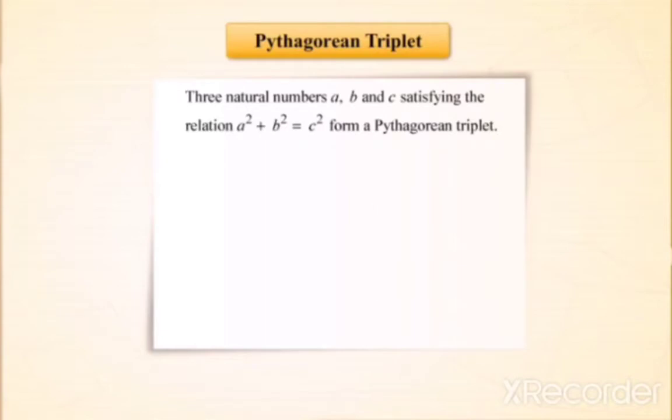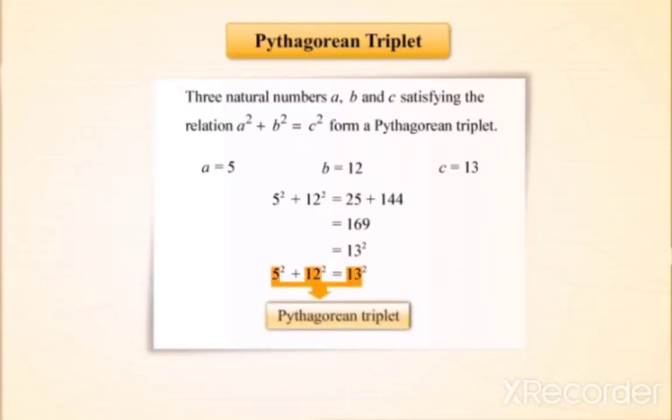Another example of numbers that form a Pythagorean triplet is 5, 12, and 13. Here, 5 square plus 12 square is equal to 169, which is equal to 13 square. As 5 square plus 12 square is equal to 13 square, the numbers 5, 12 and 13 form a Pythagorean triplet.